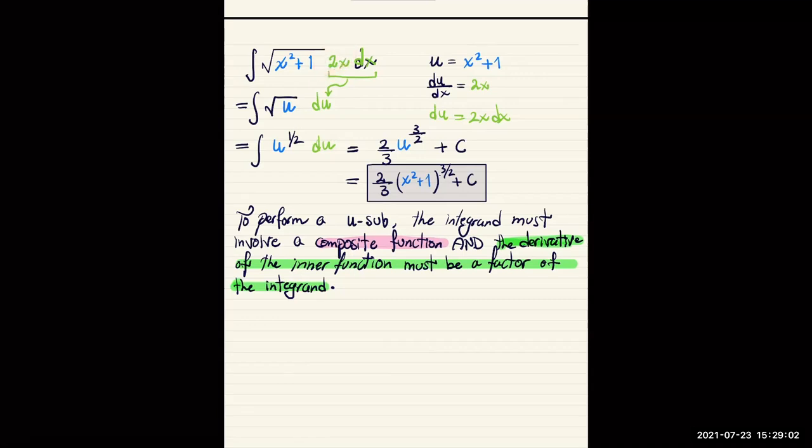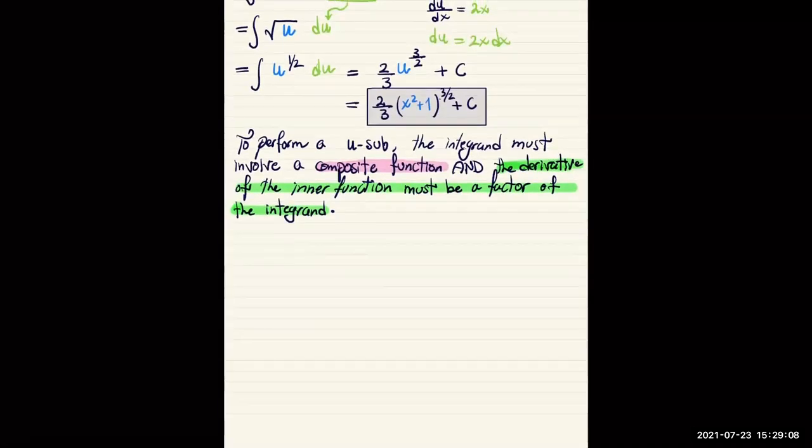You can look at this a little bit differently. Let me show you something else. Let me just redo the problem. You can begin by letting the inner function be u.